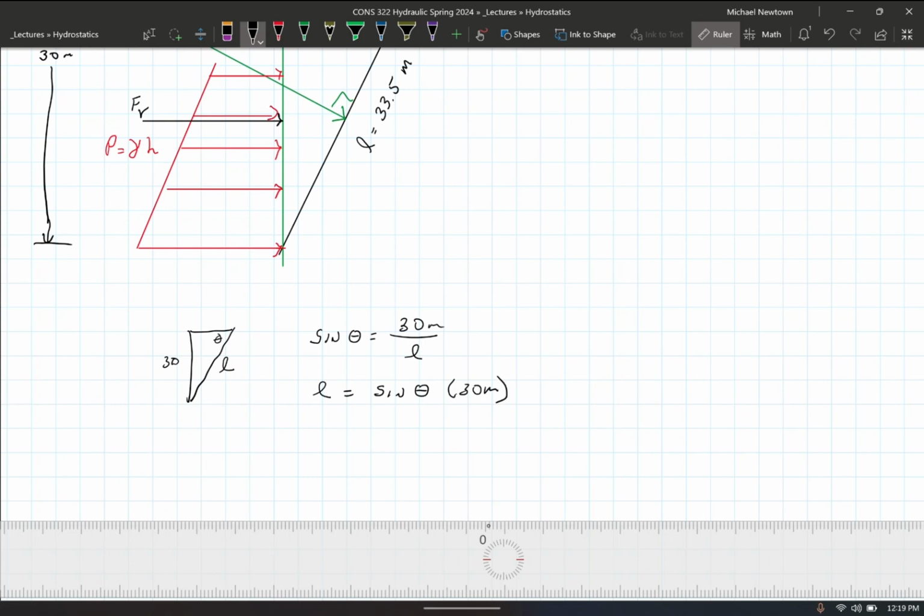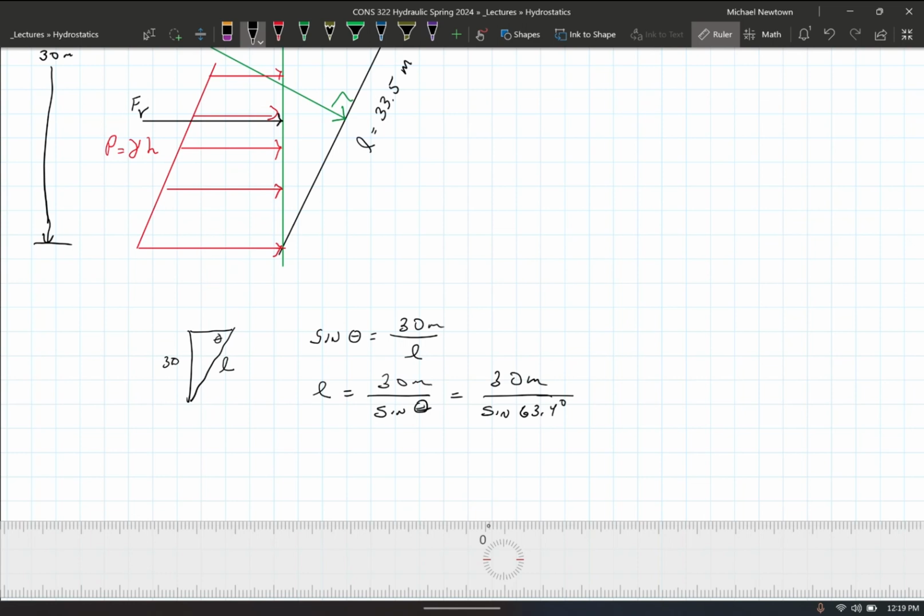No, I did that wrong. It's been one of these days. It's 30 meters over sine of theta, which gives us 30 meters over the sine of 63.4 degrees.